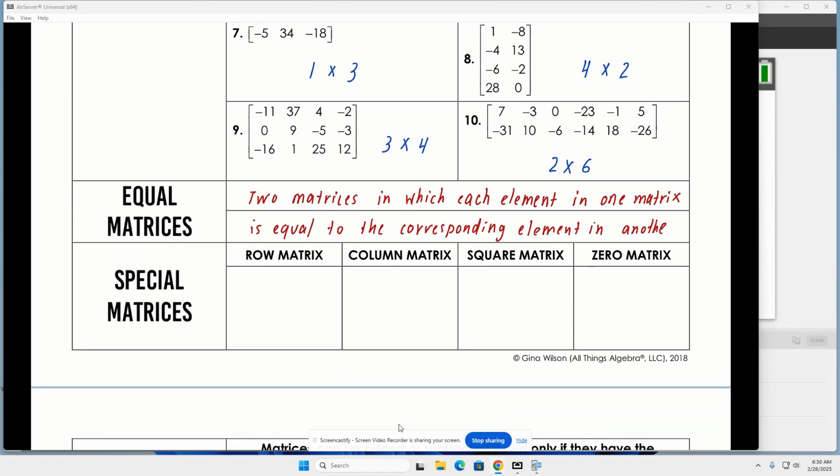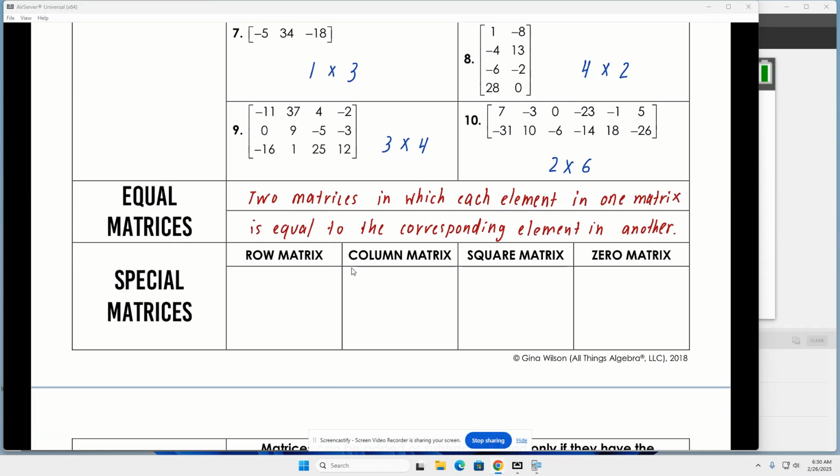Now, I know that's kind of a no-brainer, but anyways, that doesn't happen very often that we have two equal matrices, but that's what has to be the case. They have to have every element that corresponds with the other matrix be identical.